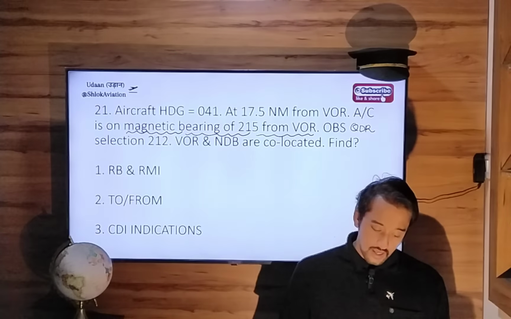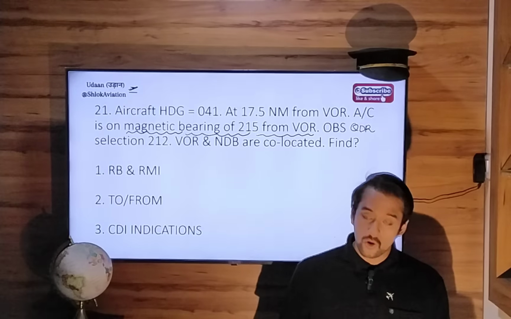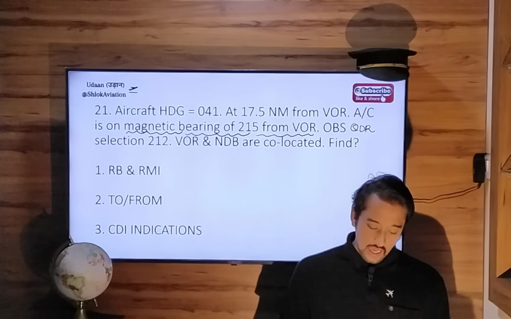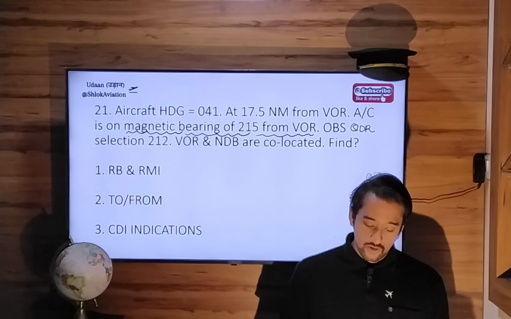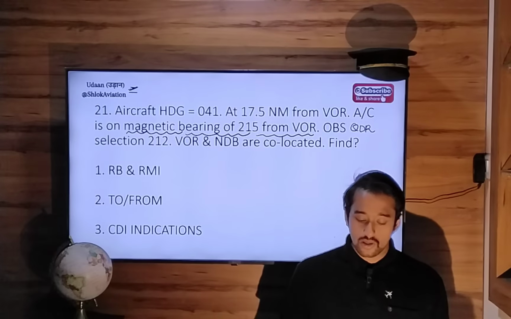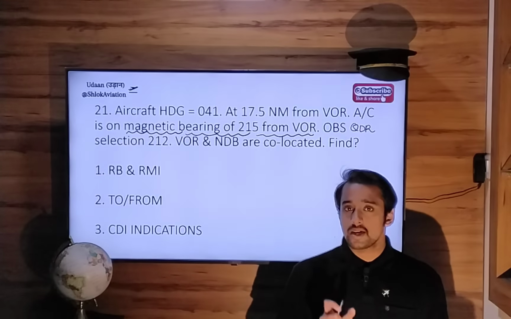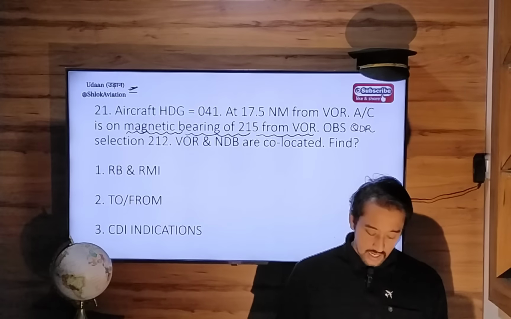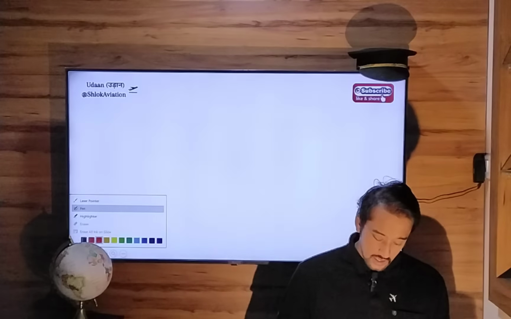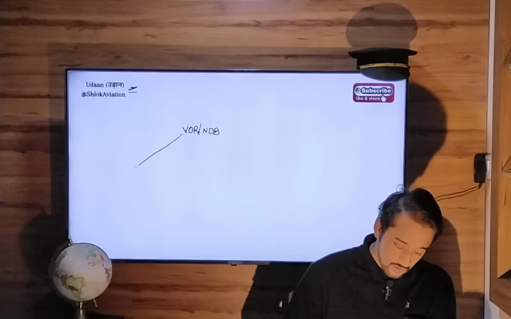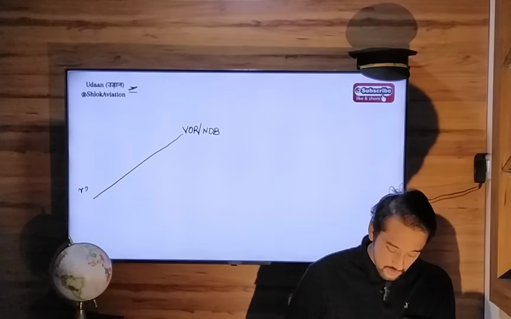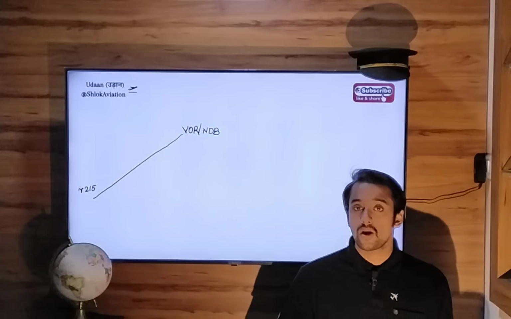So let's start. Aircraft heading is 041. That's fine. Aircraft is on a magnetic bearing of 215 from VOR. So QDR is 215. In other words, they are trying to tell you that you are on a radial of 215 from the VOR.